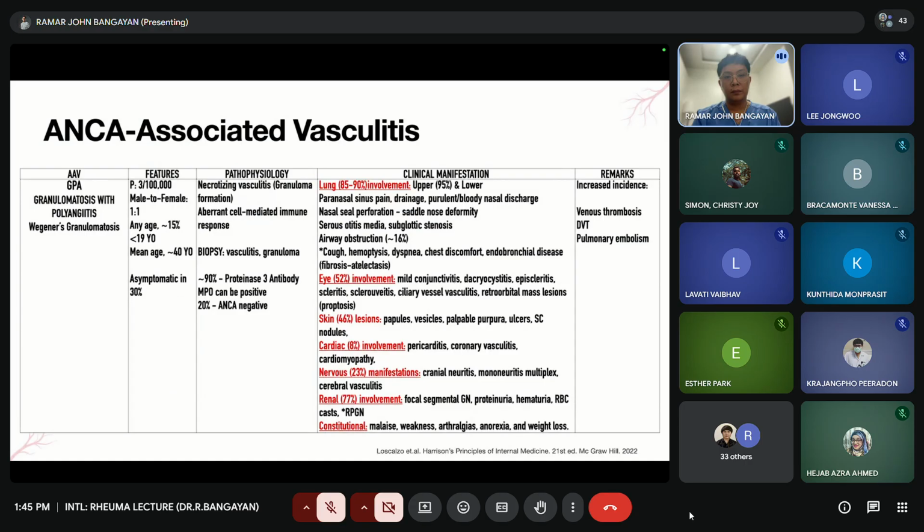Okay? So first, your ANCA-associated vasculitis, your AAV, let's discuss GPA or granulomatosis with polyangiitis, GPA. This term, Wegener's granulomatosis, was used before when I was still a student, but at around 2010, there has been a reshuffle or new nomenclature for vasculitis.